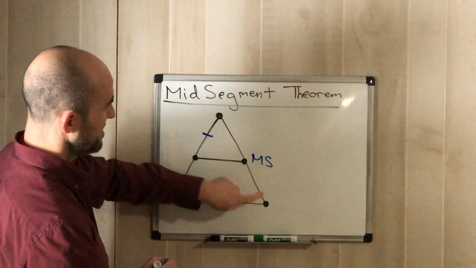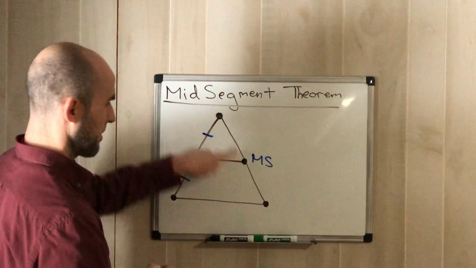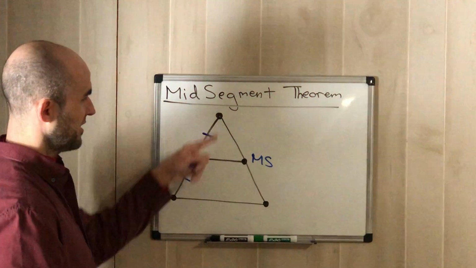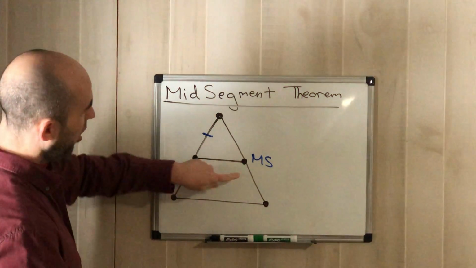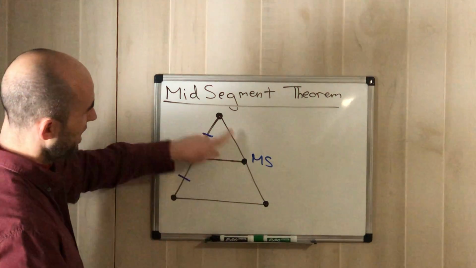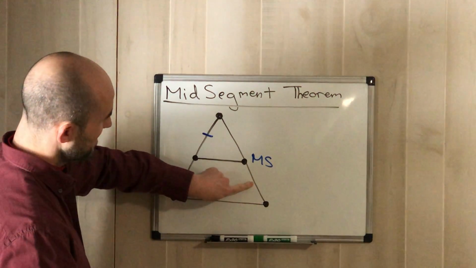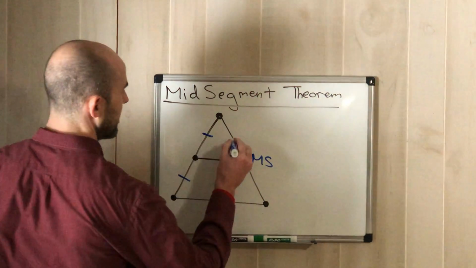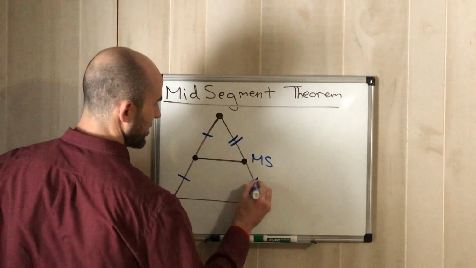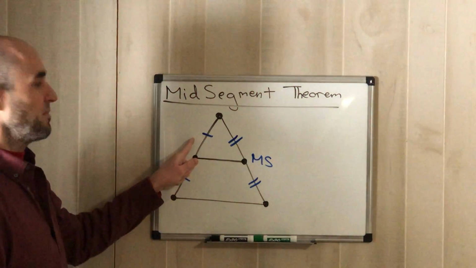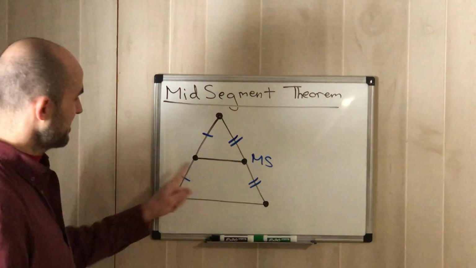But this point now is in the middle of that segment. And since these two sides are different, I don't know anything about this side compared to this one. All I know is that this point's in the middle of that side, so I know that this has to be congruent to that. But now I would put 2 tick marks because I don't know if this is the same as that.